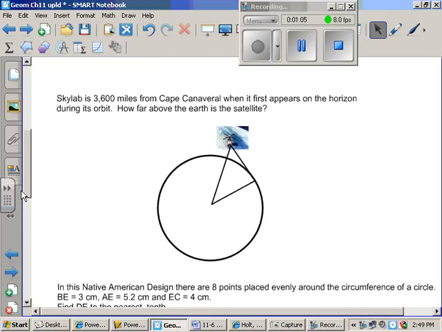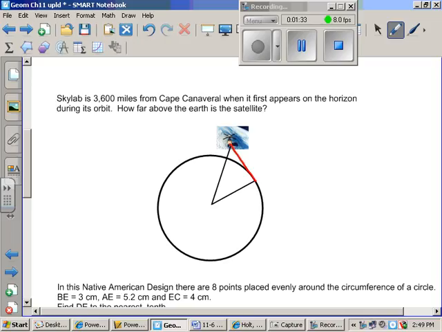There's a picture of Skylab. It's 3,600 miles from Cape Canaveral when it first appears on the horizon. That occurs a lot in these calculations, because if it first appears on the horizon, the line of sight from the satellite to the Earth is a tangent.